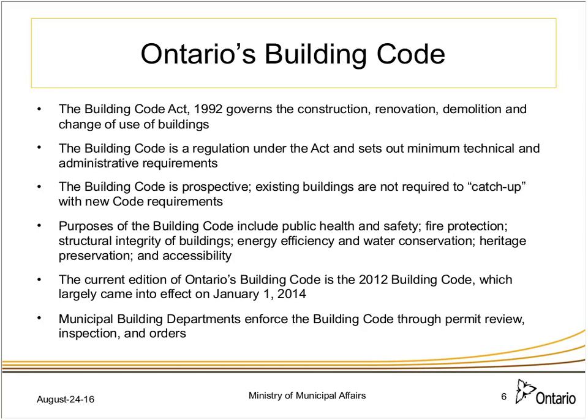One of the things that is really important to understand about the Building Code is that it's prospective, which means it does not go backward. So you hear a lot of talk when we did things like accessibility, energy efficiency, and other things. People were concerned that this was going to force change onto existing buildings when nothing was happening.